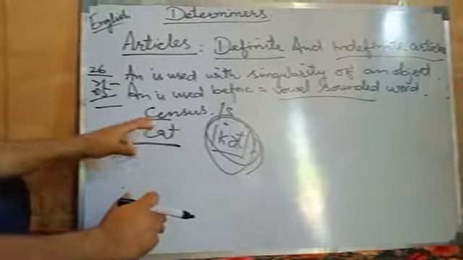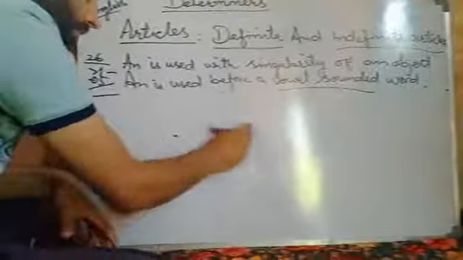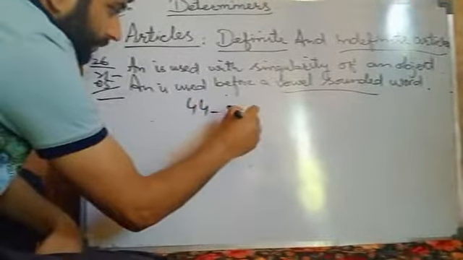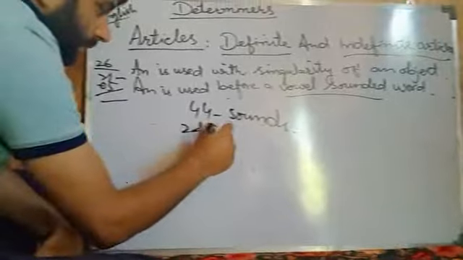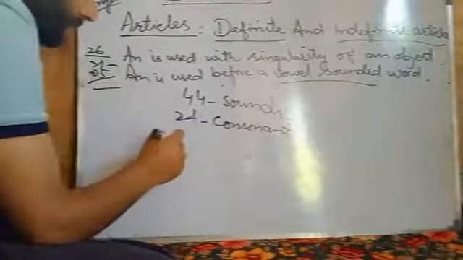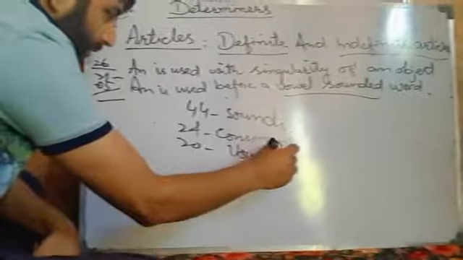In total, we have 44 sounds: 24 are consonant sounds and 20 are vowel sounds.